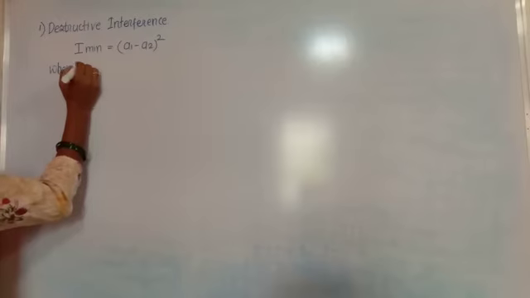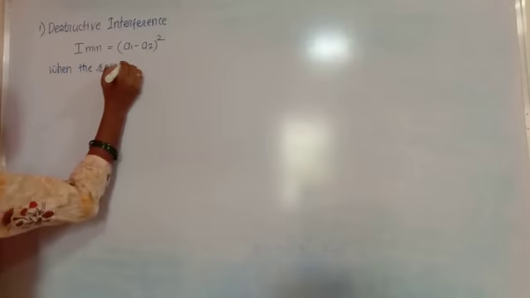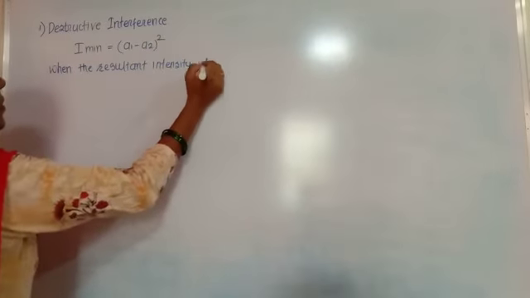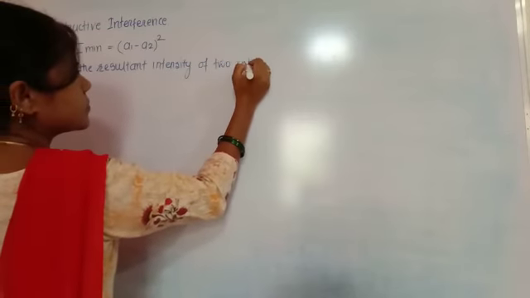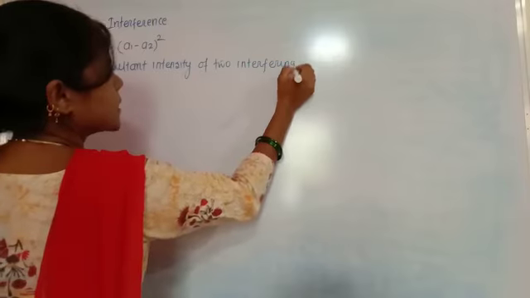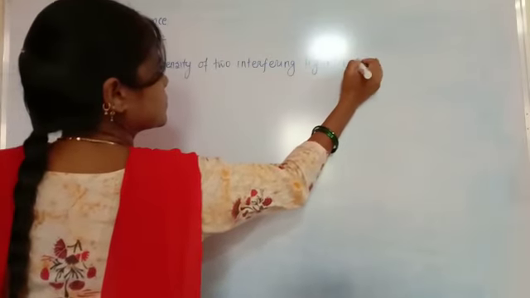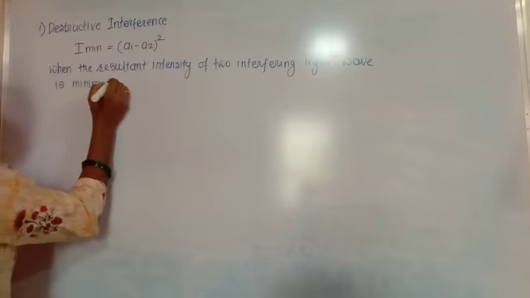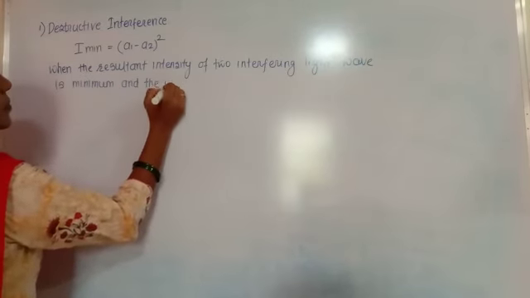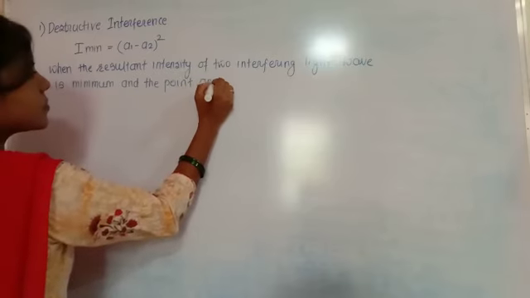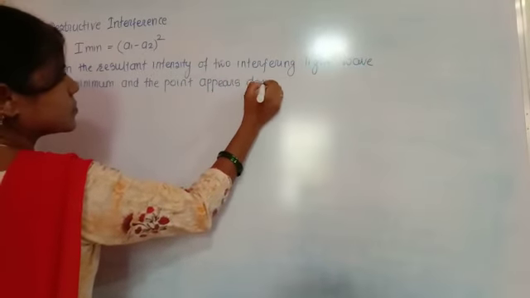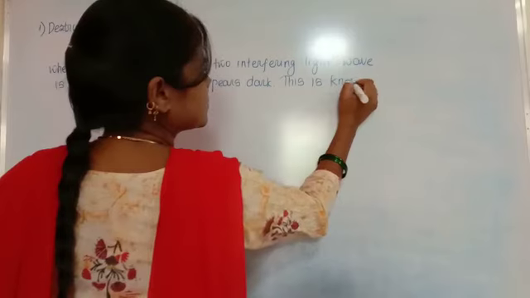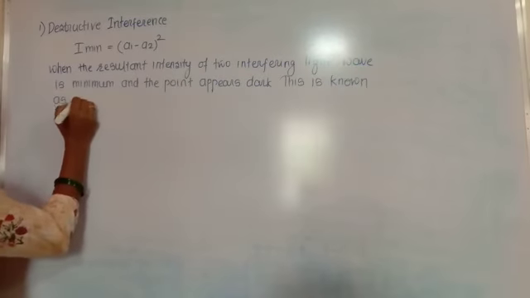When the resultant intensity of two interfering light waves is minimum and the point appears dark, this is known as destructive interference.